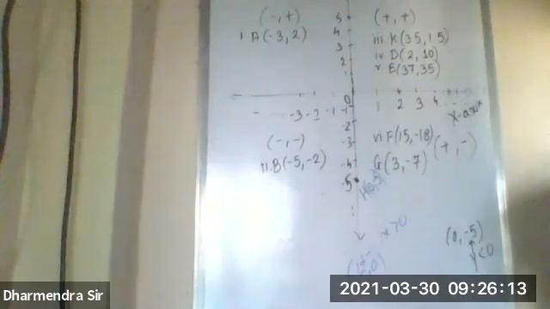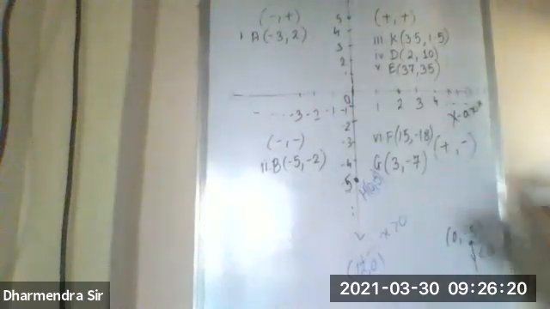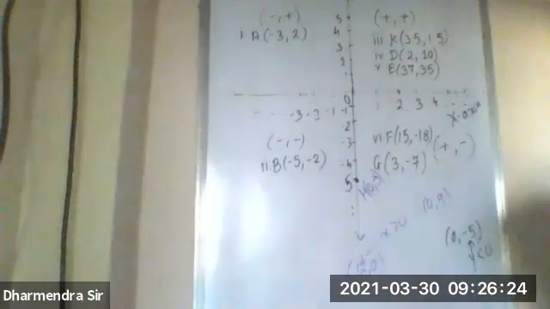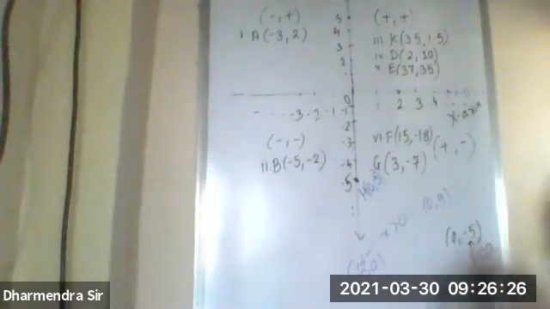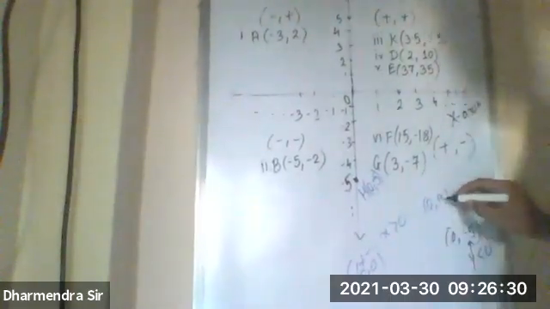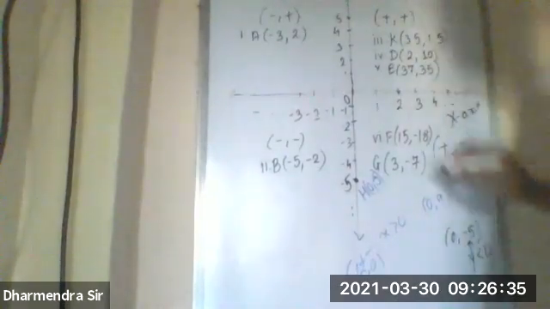So it lies on the x-axis. Next, (0, 9). Its x-coordinate is 0 and y is positive.